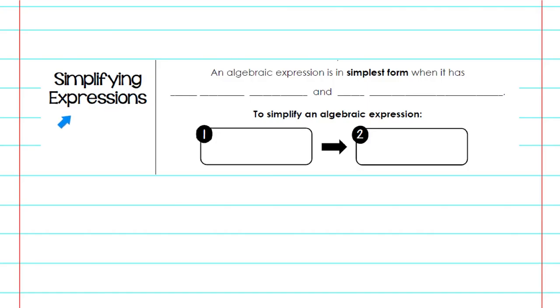So simplifying expressions, we are trying to take an algebraic expression and get it down to its simplest form. In its simplest form, it has no like terms and it has no parentheses.